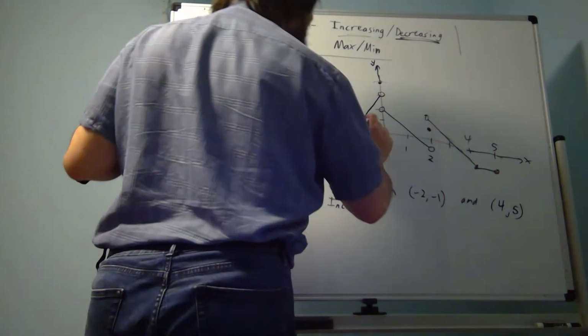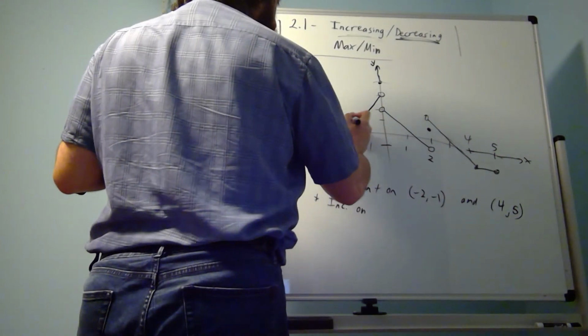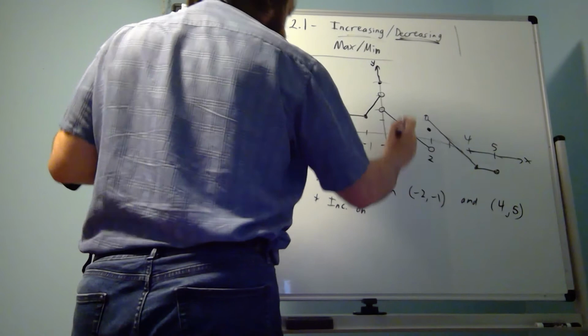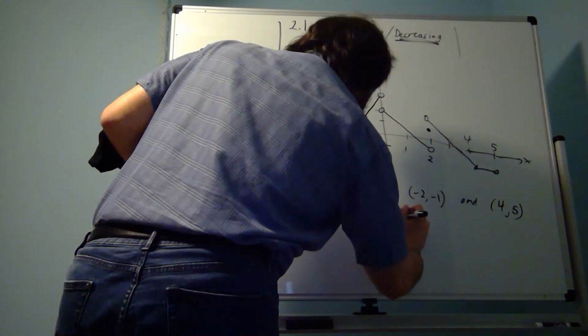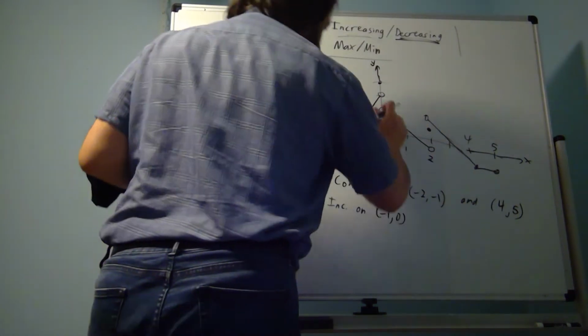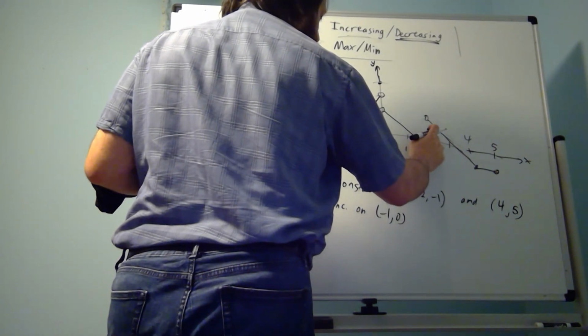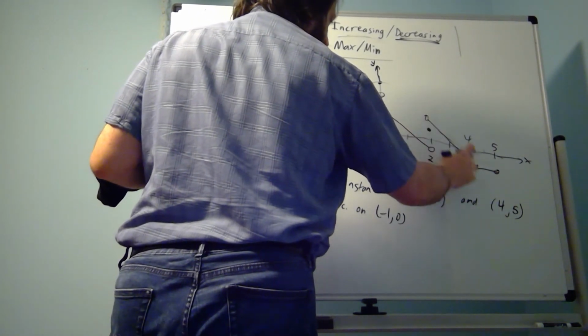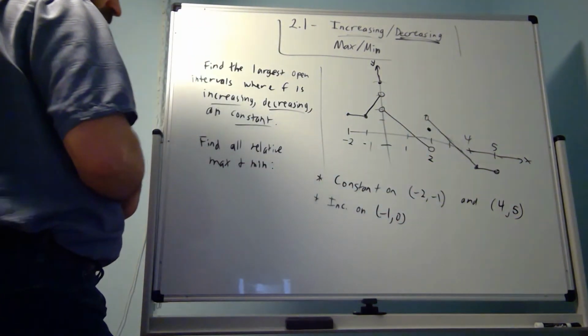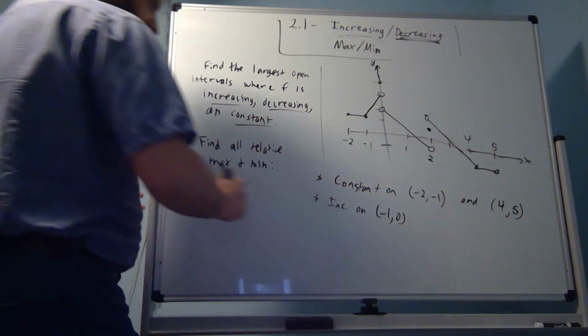Increasing on, well, it's constant. Well, here it looks like it's going up. That's it. So it's -1 to 0. Let's keep going. It looks like it's going down. Something really weird happens, and then it looks like it's going down again. Well, that's no problem with that, but it's going down those other times.